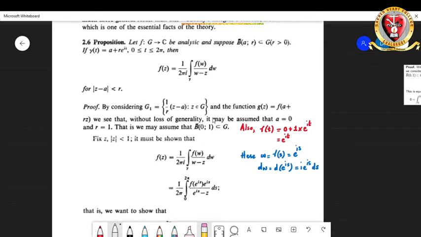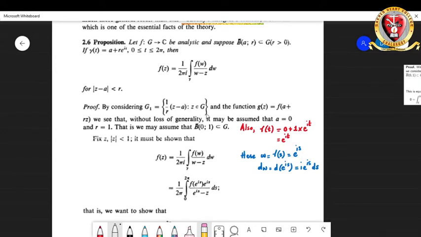If we are not assuming that, then we have to define a function g of z equal to f of a plus rz, and G1 equal to the set of all points of the form 1 by r times zeta minus a, where zeta belongs to G. So if we assume a is equal to 0 and r is equal to 1, by considering the above facts, we can reach the conclusion. So that's how we start.